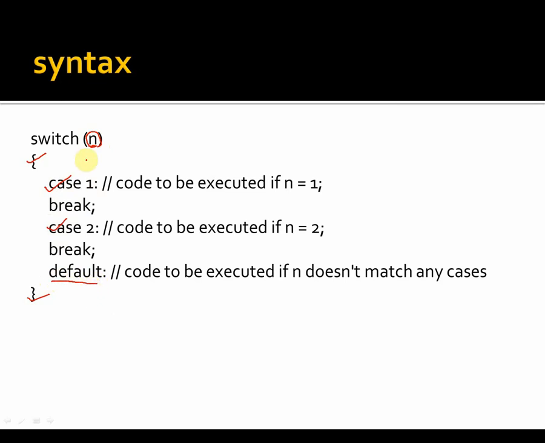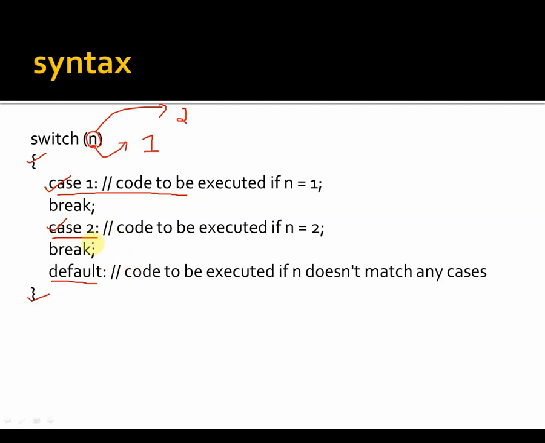Based on the value the variable n, which you are passing to the switch statement, takes, that particular case will execute. So say for example n takes a value of 1. In that case, case 1 will be executed. If n takes a value of 2, then case 2 will be executed.